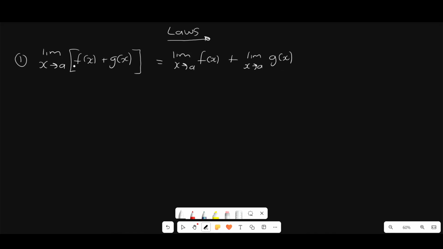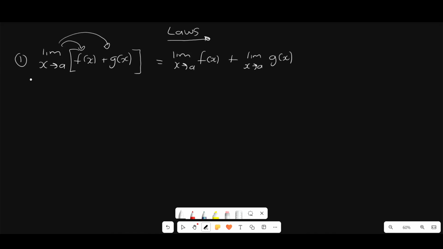Take this as some sort of multiplication. When we have x plus 2, you bring this inside, meaning I have x squared plus 2x. So I can distribute the limit inside, and both f(x) and g(x) will get the limit as x approaches a, right?